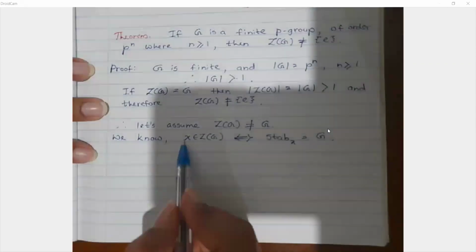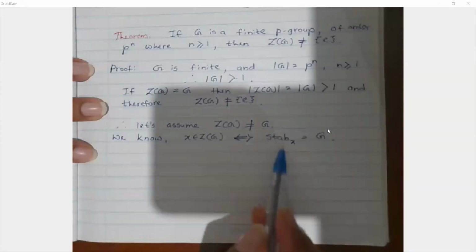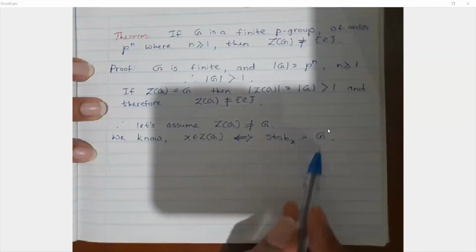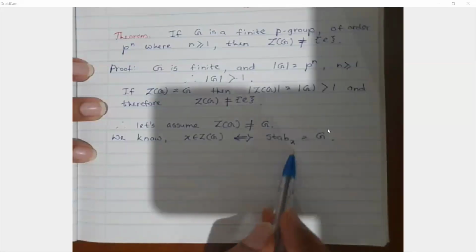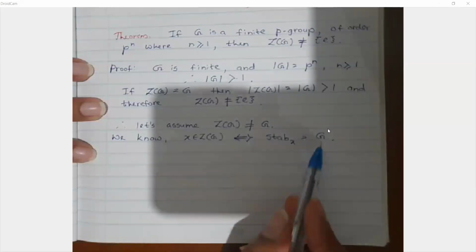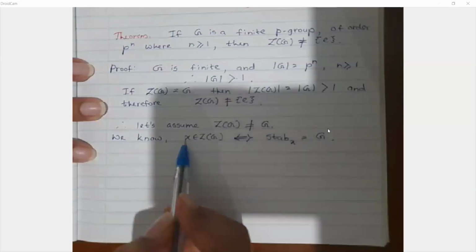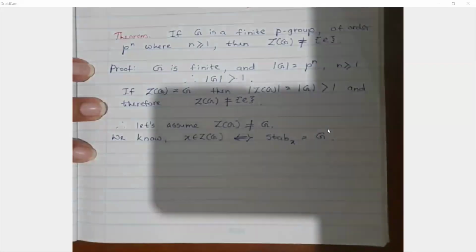On the other hand, if the stabilizer of the corresponding element is equal to the group, then that element is taken from the center, because this is an if and only if statement. What does it tell you? It tells you any element that you take outside of the center, corresponding to that, we can find the stabilizer, and the stabilizer cannot be G, right?